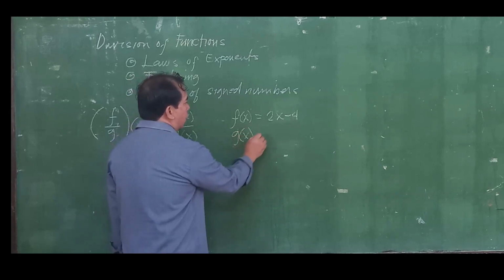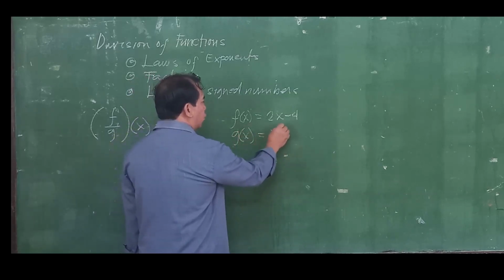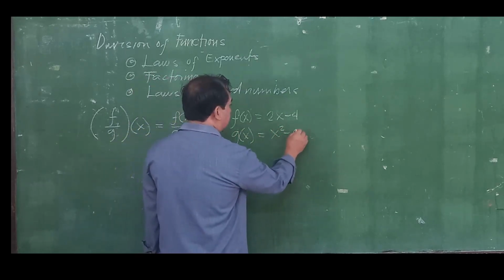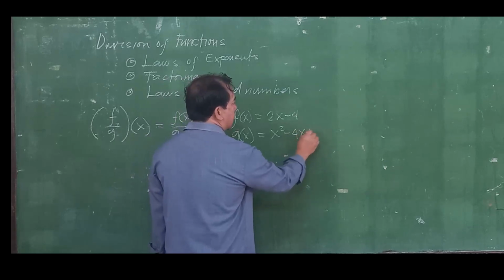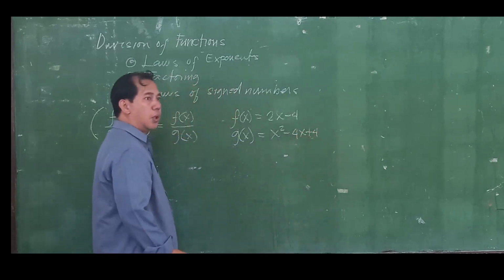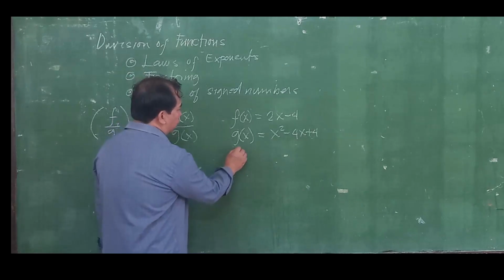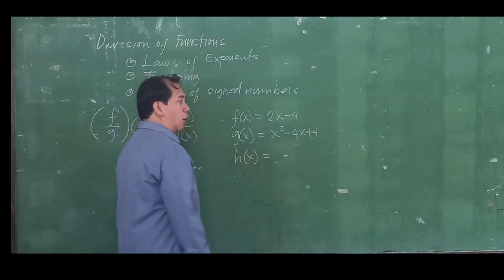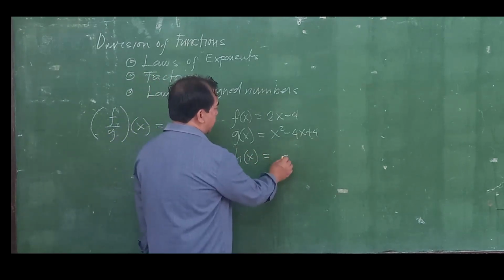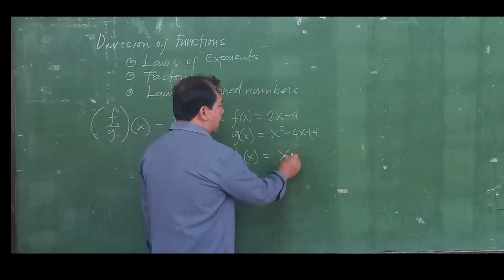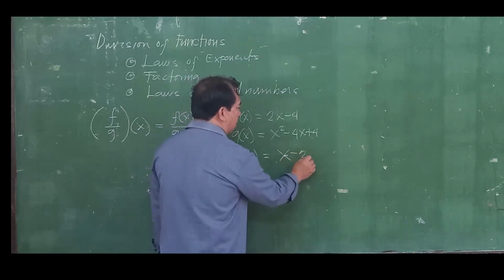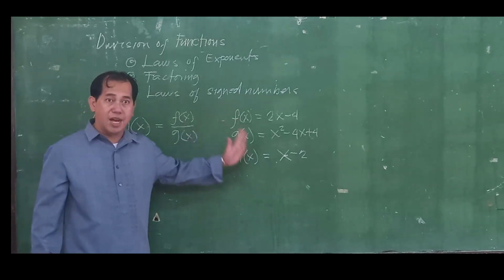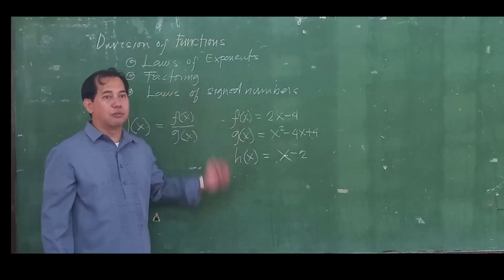Our g of x would be x raised to 2 minus 4x plus 4. Another one, let's try to consider another function, h of x. Shall we say, our function would be x minus 2. So these are the functions that we're going to use in order for us to illustrate how to divide functions.